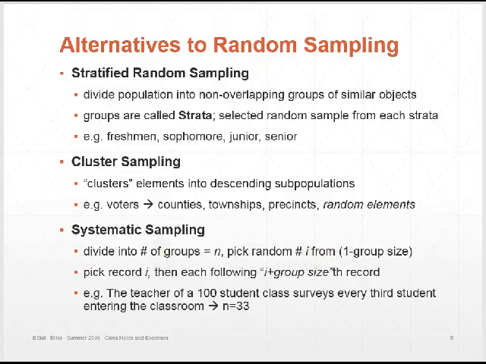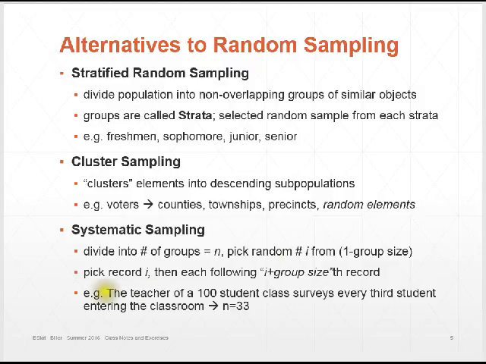So if I have a population size of 300 and I want to sample 30, what I can do is divide them into groups of 10, and I could pick the 8th person from each of those groups.